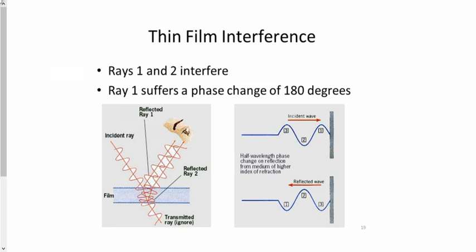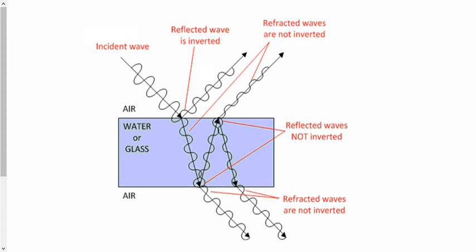Let's see in this next example here. So here's our incident ray coming in. Air is about 1.00293 index of refraction. Water or glass here is going to be a greater index of refraction. So when this light ray gets reflected, it is going to be 180 degrees out of phase coming off here. The light ray going through is refracted and will not be out of phase.